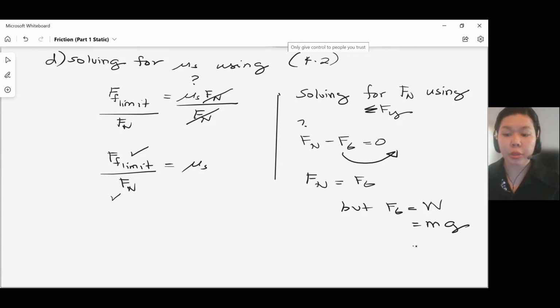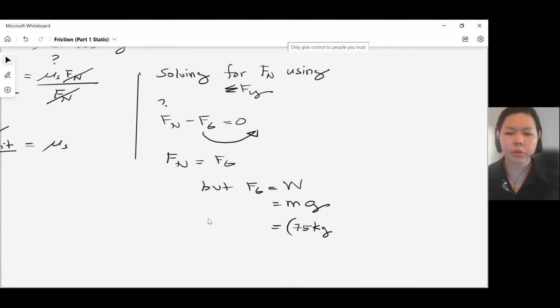We substitute the mass of our appliance, which is 75 kilograms, times g, the acceleration due to gravity. Now you just place positive, do not place a negative because the negative sign has been taken care of in the free body diagram.